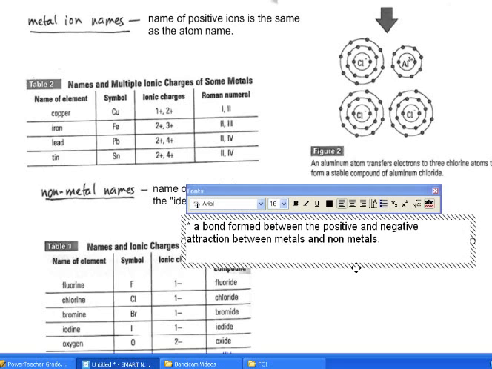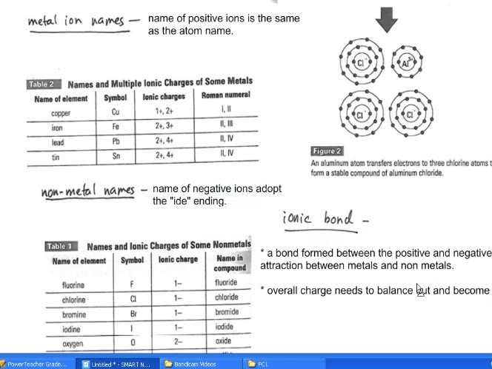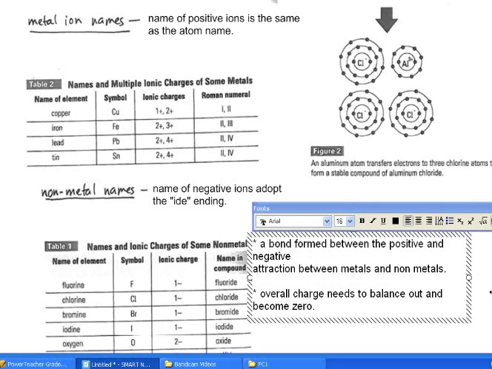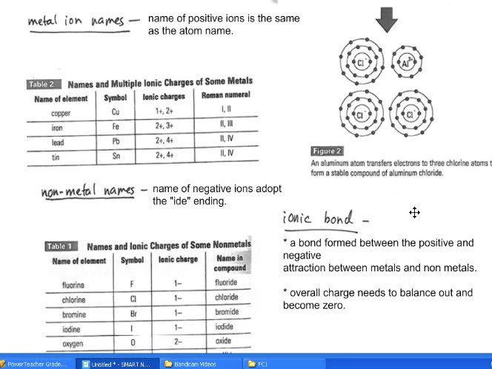Another thing to note there is that the overall charge needs to balance out and become 0. Oh, I kind of wrote a bit too big here. Let's see here if I can shorten that up a little bit. There we go. So that's an important thing to note over here.